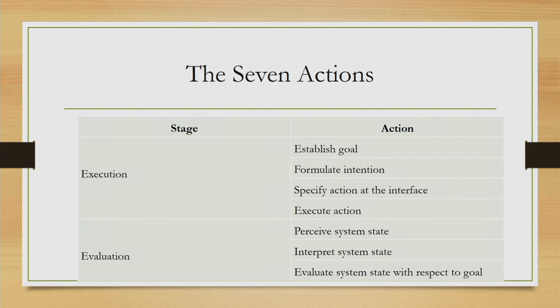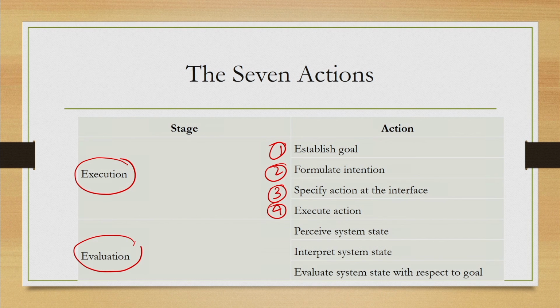So, these are the 7 actions divided into 2 groups. Execution stage, there are 4 actions: action 1, 2, 3 and 4. In the evaluation stage, again there are 3 actions: 1, 2 and 3.